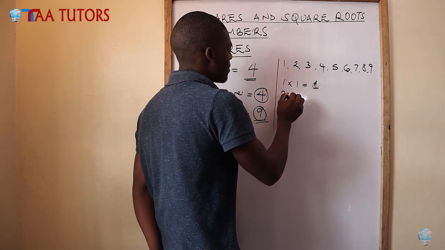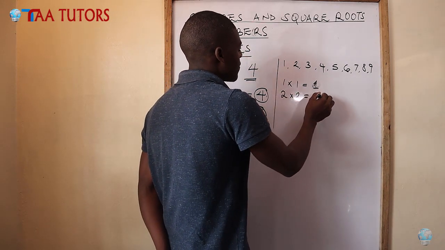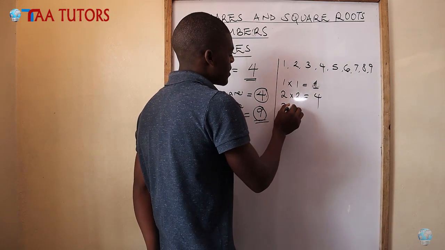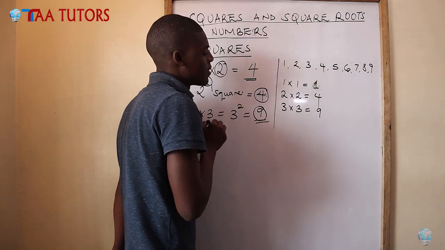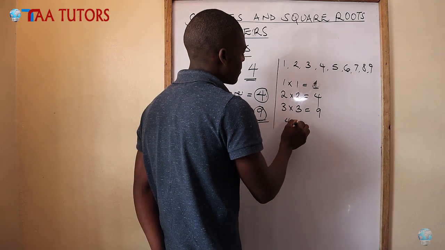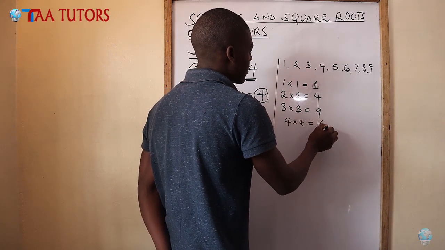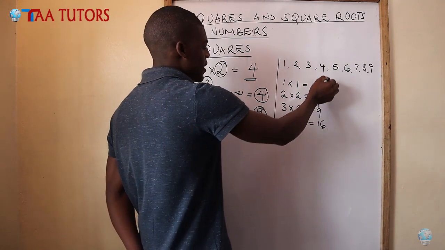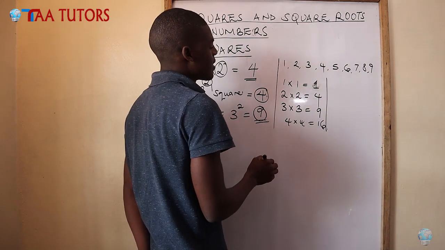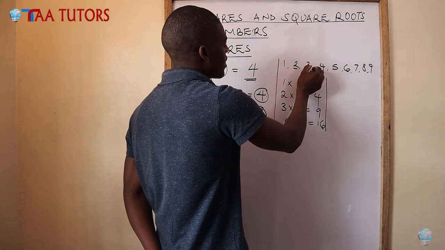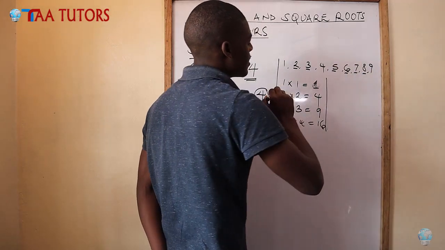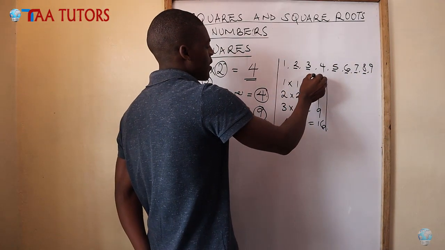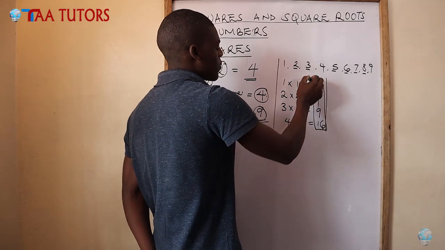When we have 2 times 2, we are getting 4. When we have 3 times 3, we are getting 9. The next one will be 4 times 4, which is 16. In this order, we can clearly see that 2, 3, 5, 6, 7, 8 are not falling in this group.